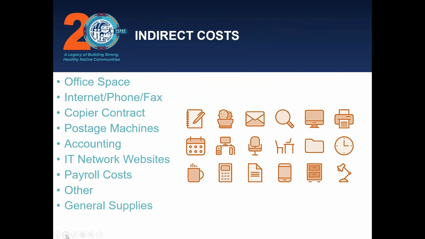Next one, please. Okay, so what are indirect costs then? If you think about all of these fixed costs that exist, whether your program is there or not, there is an office space that you have to pay, there is internet, phone, fax, a copier contract, a postage machine, there is an accounting person, an IT network website, payroll costs, other general supplies.